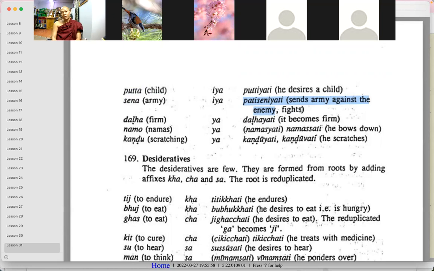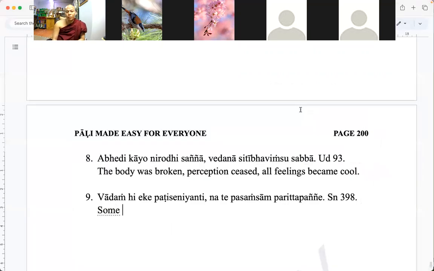So, but here, what is it? So Wadan eke patiseniyanti. So some maybe fights, or so he. Okay, he certainly fights.